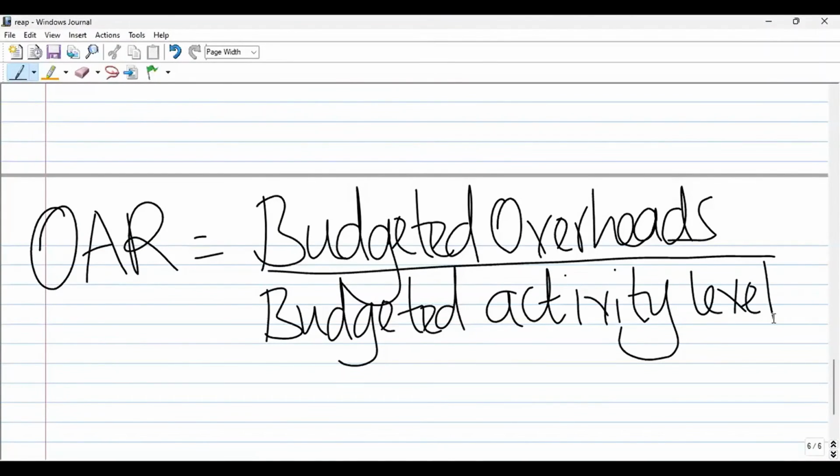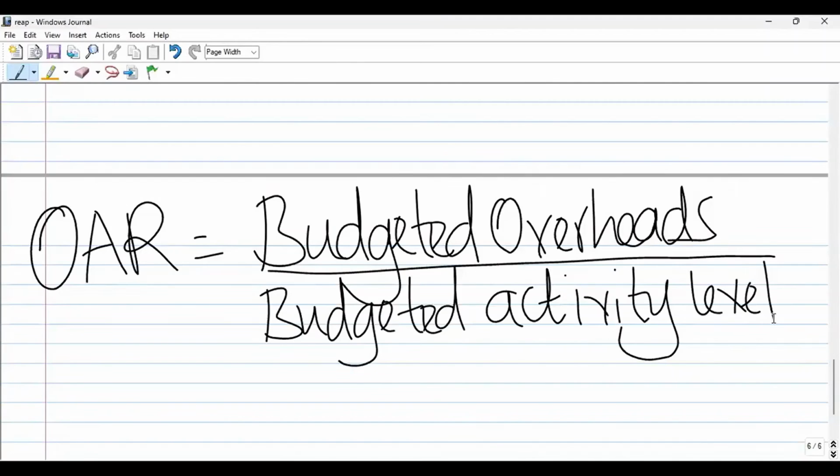OAR is equal to budgeted overheads over budgeted activity level.